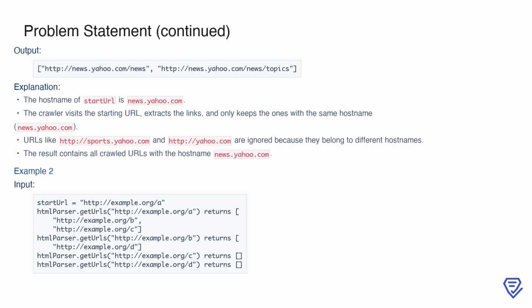The output should include only the URLs http://news.yahoo.com/news and http://news.yahoo.com/news/topics. This is because the hostname of start URL is news.yahoo.com, and only URLs that match this hostname are valid. Links like http://sports.yahoo.com and http://yahoo.com are ignored as they belong to different hostnames. The output is simply the list of URLs that share the same hostname as start URL.